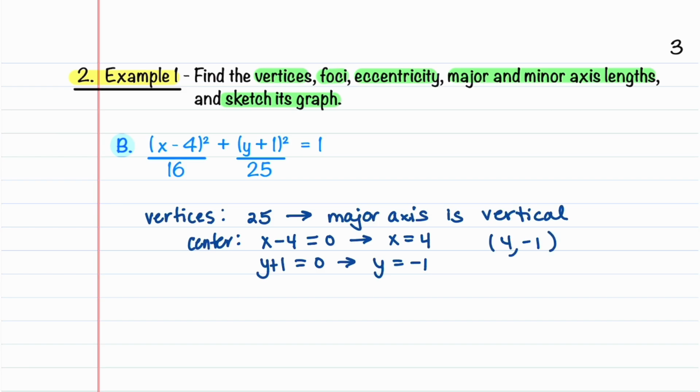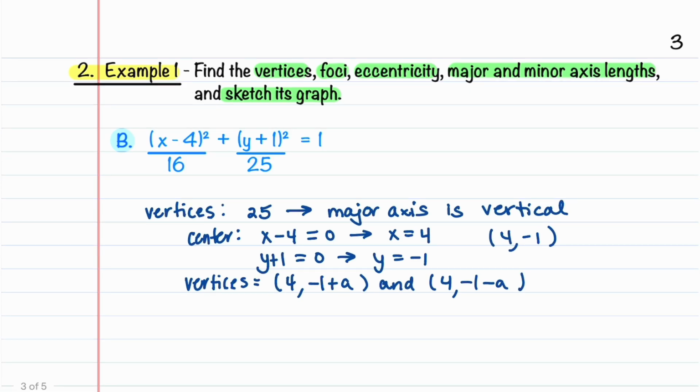Now we can go ahead and write down our vertices. Our vertices are going to be 4, comma, minus 1 plus a, because it's oriented vertically, and 4, minus 1 minus a. Our a squared was equal to 25. The a squared is always associated with the biggest constant, so that tells us that a is equal to 5.